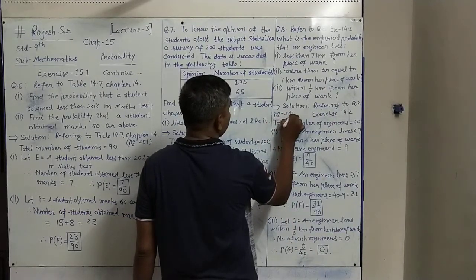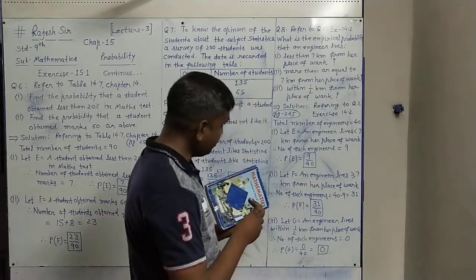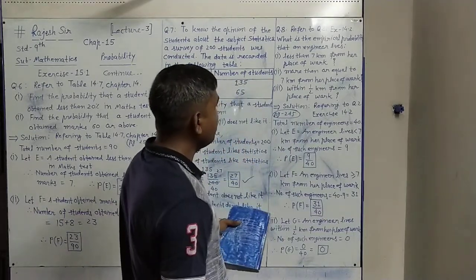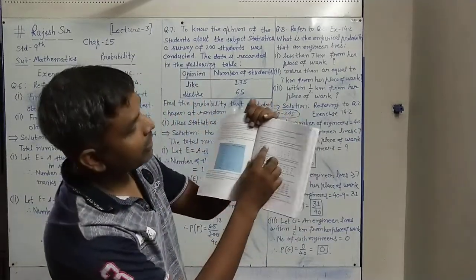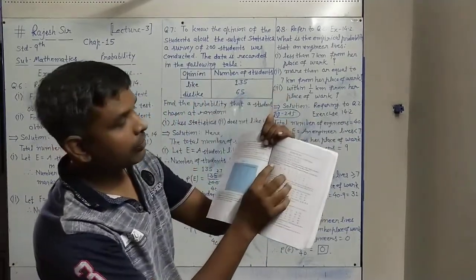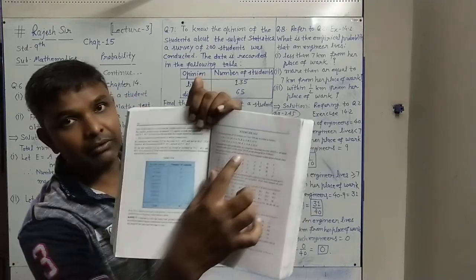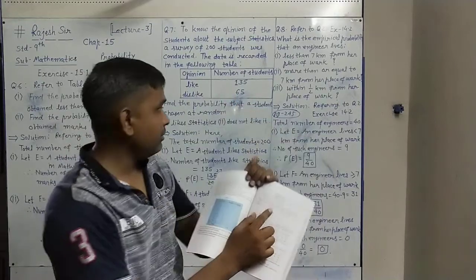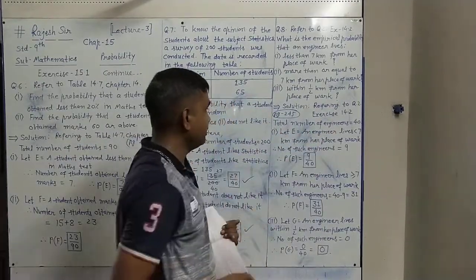If you refer to it, in question number 2 of exercise 14.2, the distances in kilometers of 40 engineers are given. Total 40 engineers are given. So that is noted here: the total number of engineers is 40.